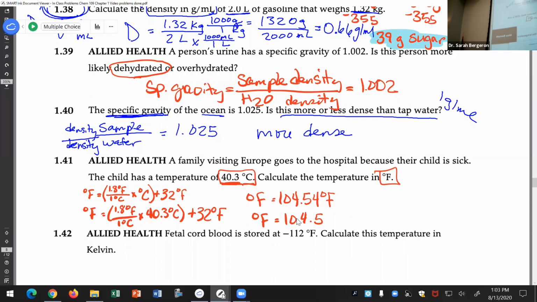Does that make sense? Does tap water have a lot of stuff in it? Hopefully not. Some fluorine for your teeth, but hopefully not too much. But ocean water usually has a lot of stuff in it, like salt, that can change the density of the water. So that makes absolute sense.